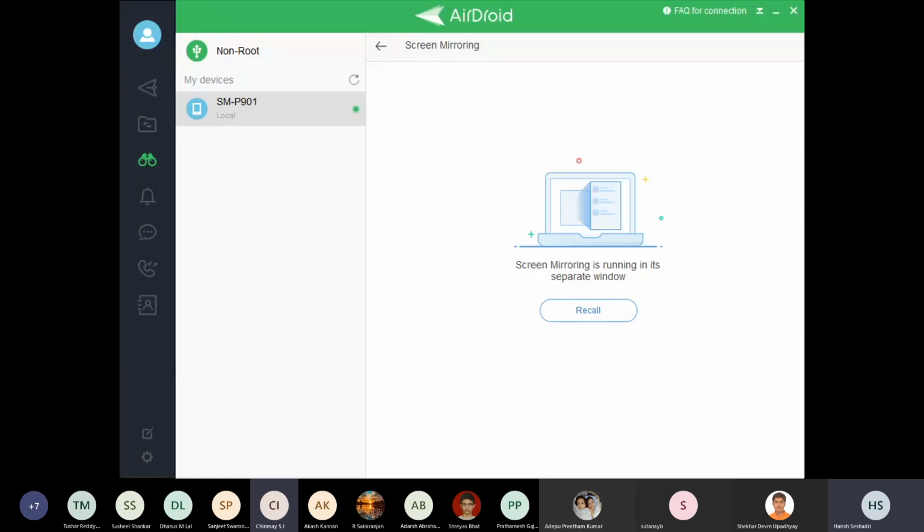So we can't see anything on the screen. Oh, you can't see anything. Oh, okay, fine. Can someone else confirm? We can see this Android screen mirroring settings option, but not the actual screen.